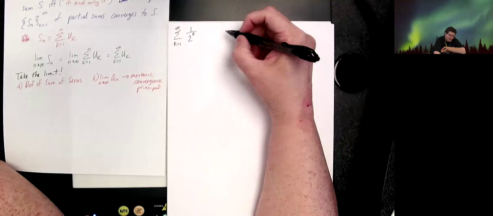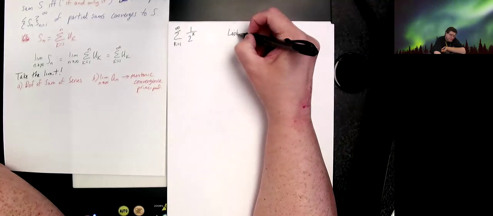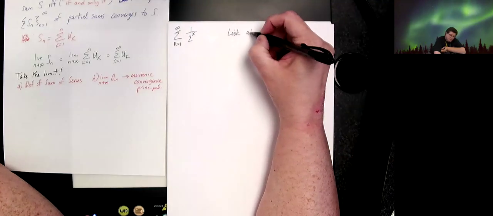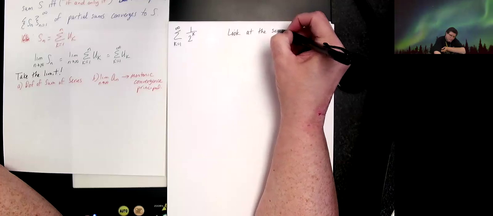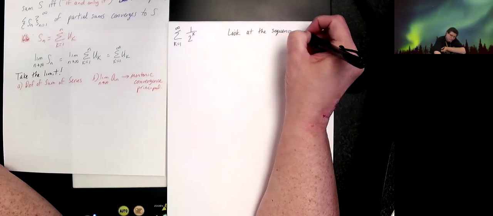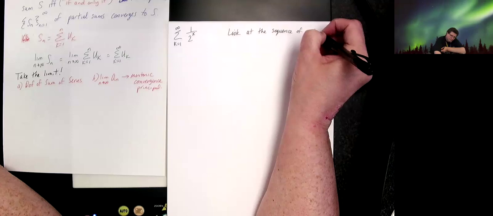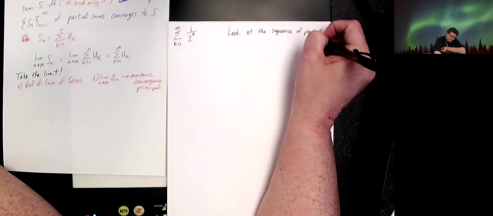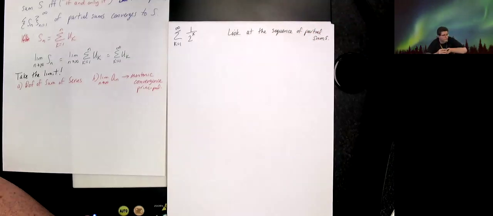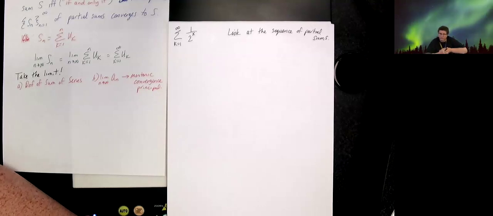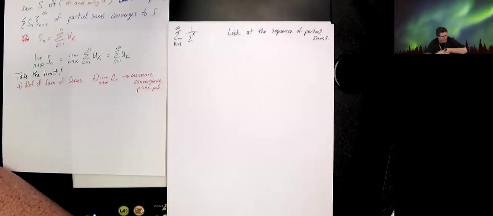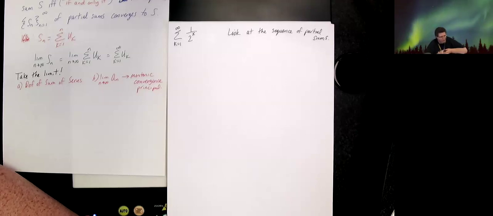And we're going to look at the sequence of partial sums, because sometimes writing out a few of them really gets you a feel for what's going on. And you can almost guess what it's going to be even before you apply some of the rules that we're going to learn.